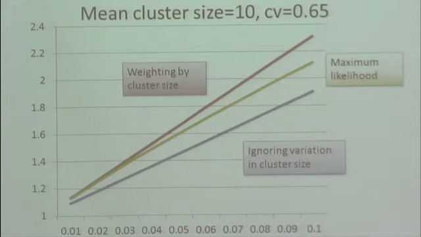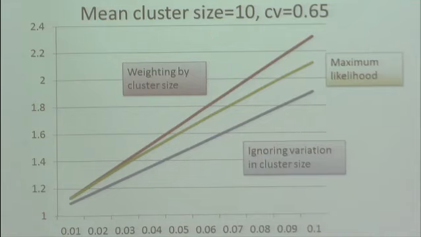What you can see is that these figures down here are ICCs. So down here at the bottom, where the ICC is quite small, and it often is for these trials, the two methods give you very, very similar design effects, but that's because your mean cluster size is quite small.